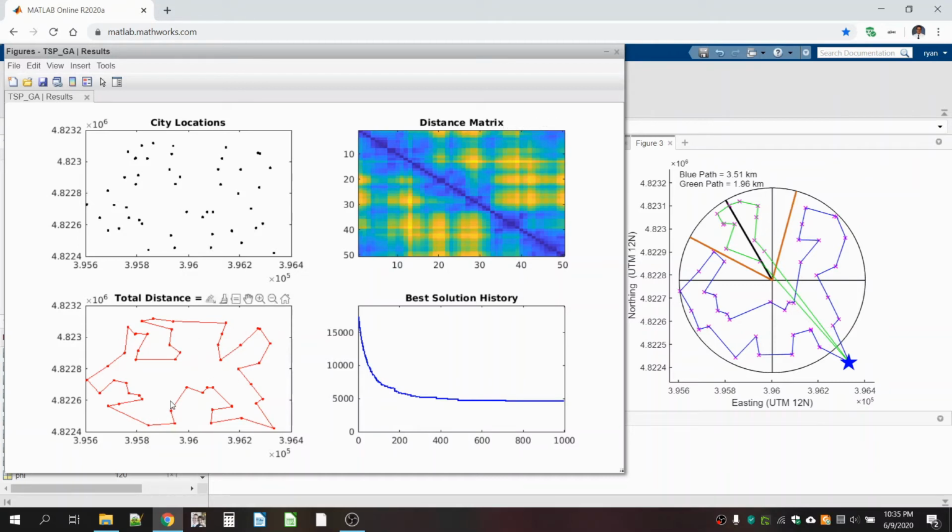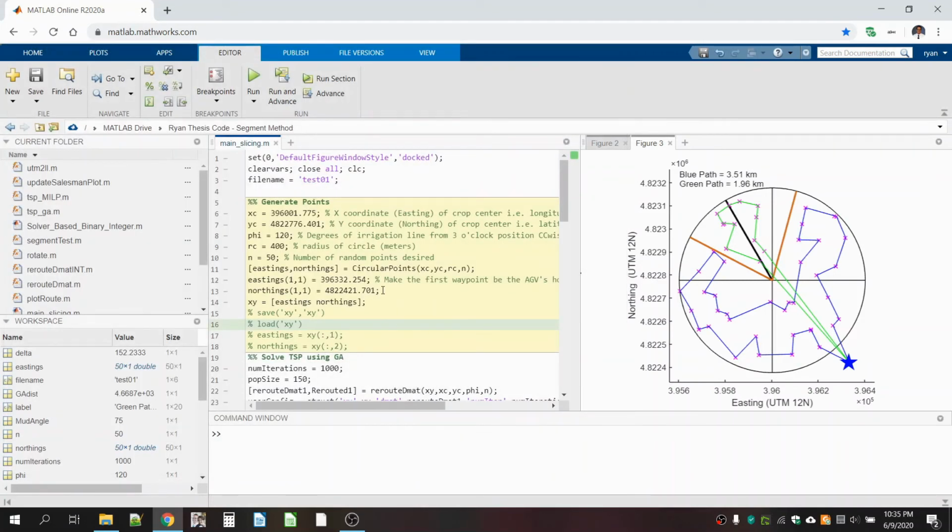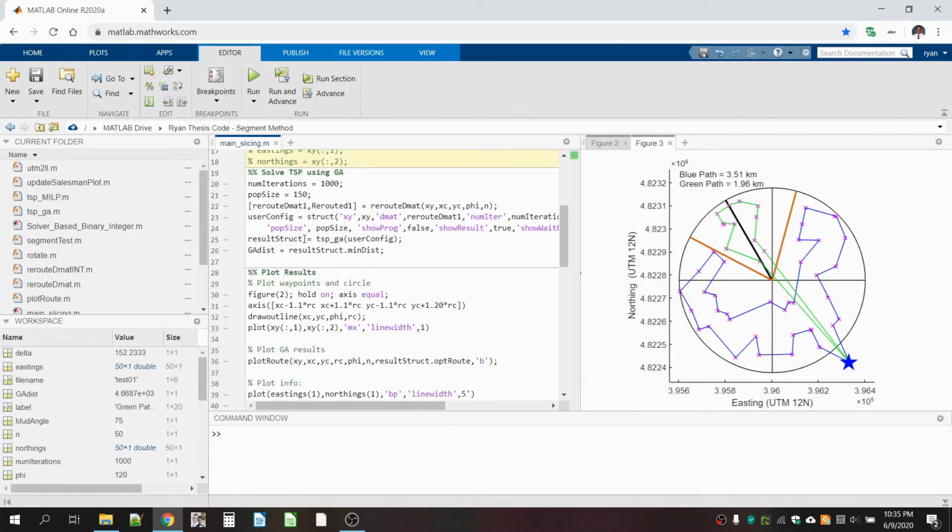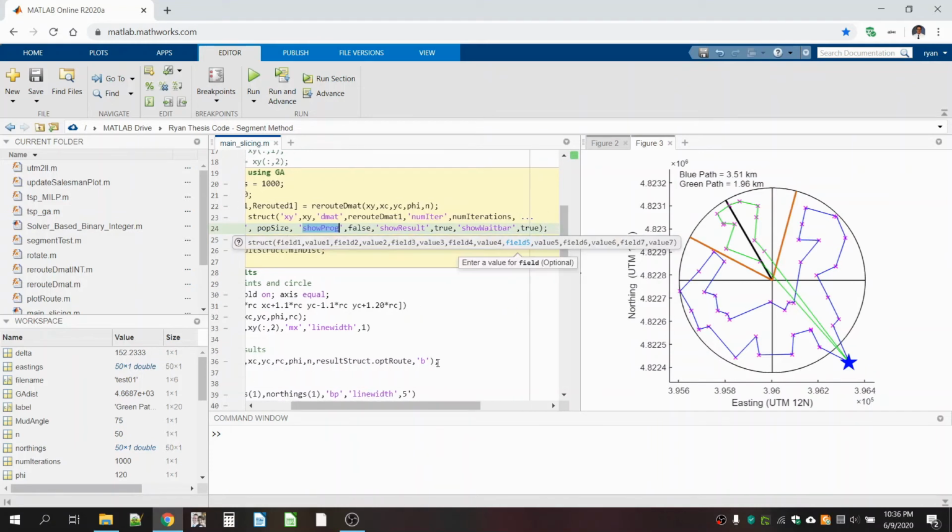This is showing the optimum path, and this axis is the total distance of the optimum path with each passing iteration. This figure comes up when you are calling TSP_GA and you have the show result as true.